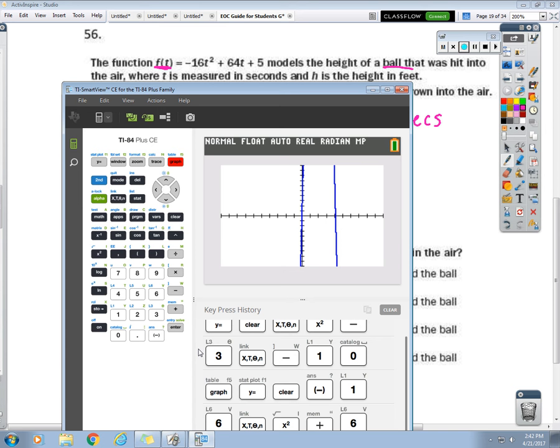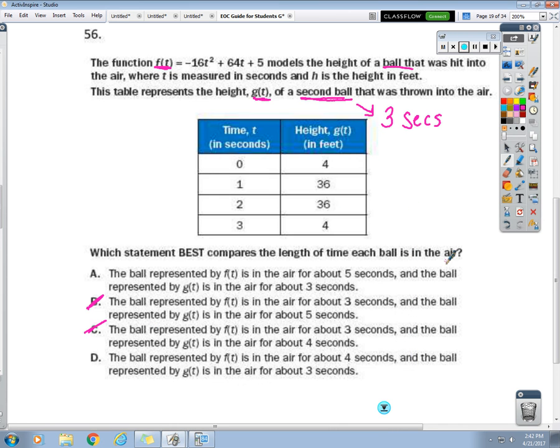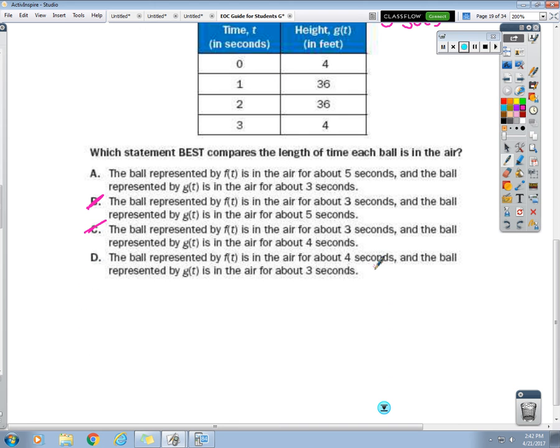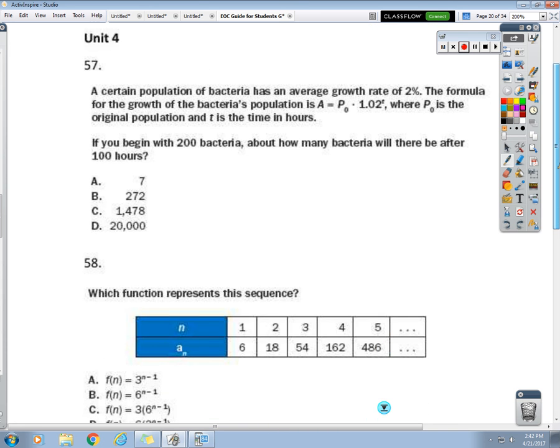How long was that ball in the air? 4 seconds. 1, 2, 3. It hit the ground at 4. And so that means the correct answer is D. It says the f of t was 4 seconds. Okay, next page. Now let's start going over some of the Unit 4 questions.